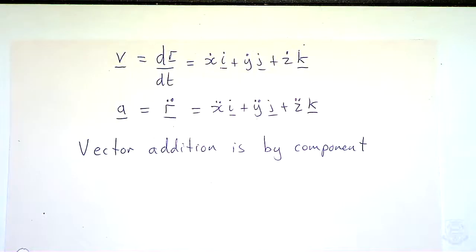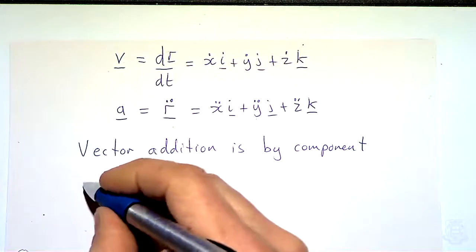Okay, so vector addition is straightforward. We add the x components together, the y components together, the z components, and we get a new vector. So I don't think we need to stress that point anymore. But vector multiplication is more difficult.